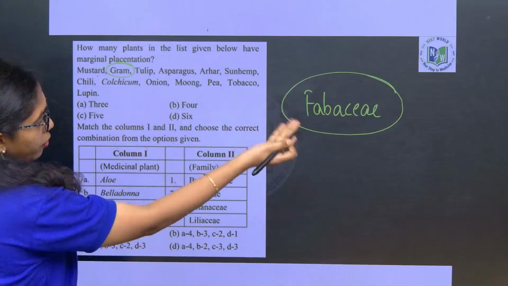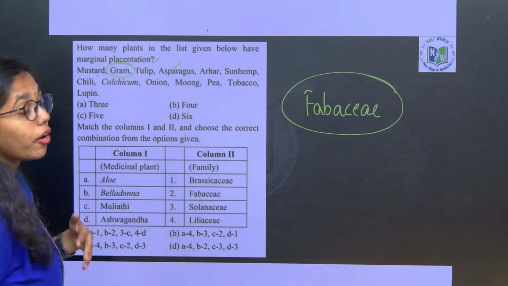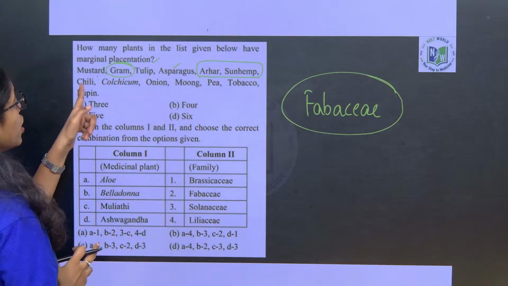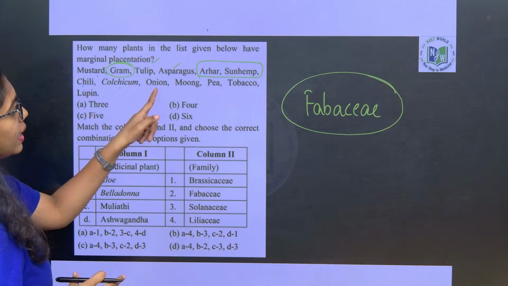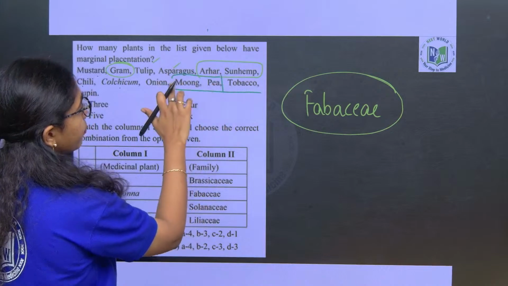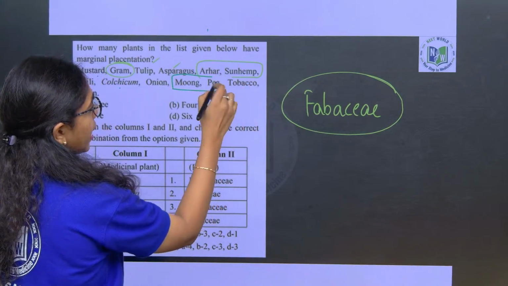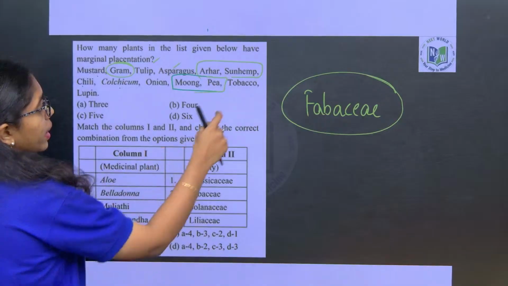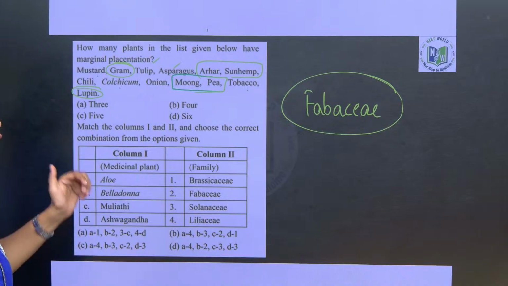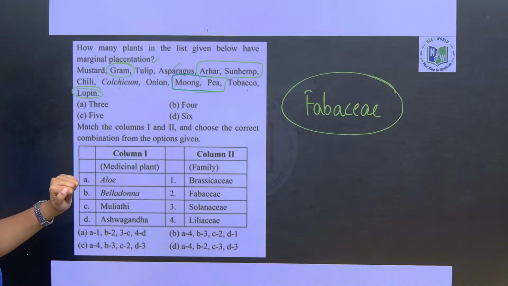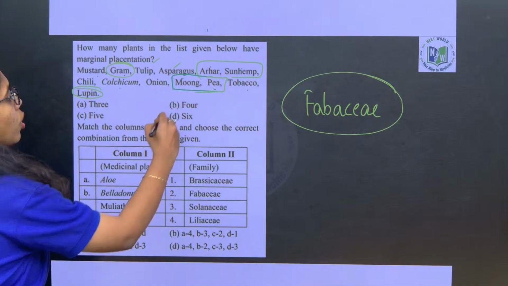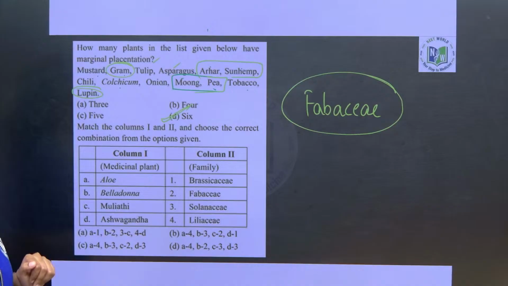Next, gram of Fabaceae, tulip of Liliaceae family, arhar and sunhemp again Fabaceae family, chilli Solanaceae, colchicum Liliaceae, onion Liliaceae, moong and pea belong to Fabaceae again, tobacco Solanaceae, lupin is again Fabaceae family. So, on total how many are there from Fabaceae family beta? 1, 2, 3, 4, 5 and 6. Total 6 are there for Fabaceae family.